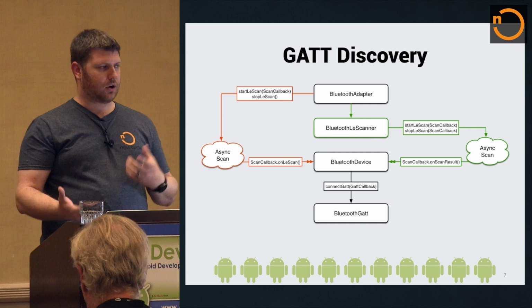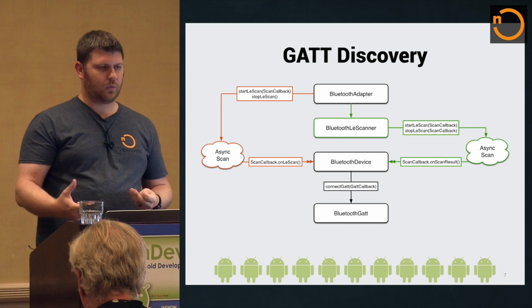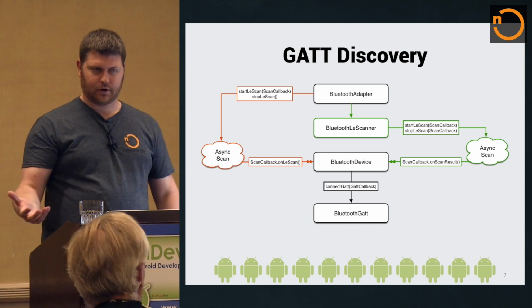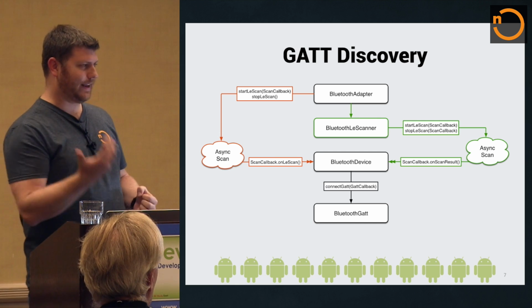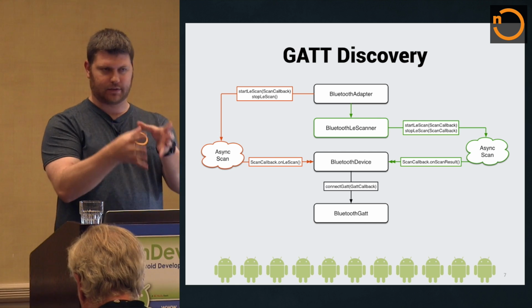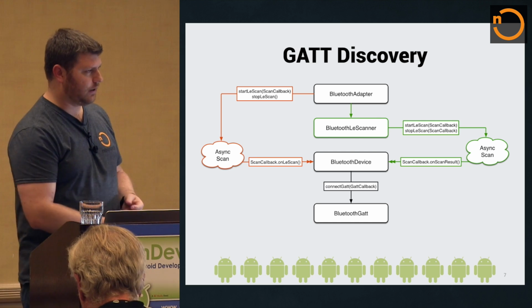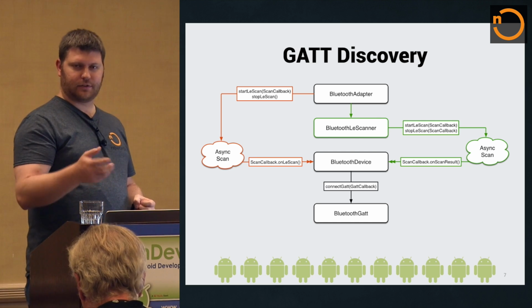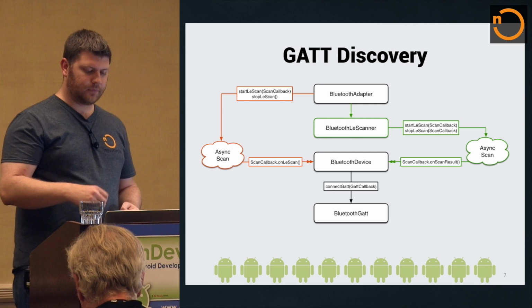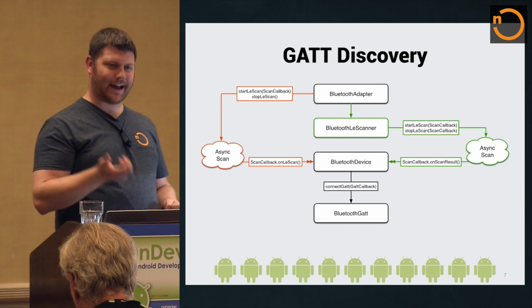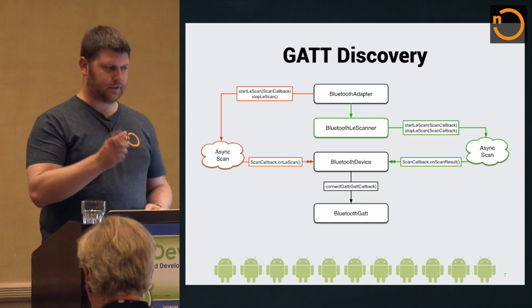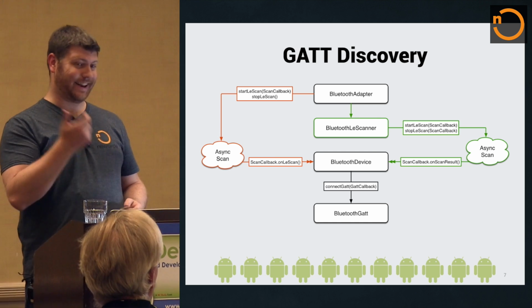But if we're talking about clients and peripherals here, then we need to move a little bit further down the line. So once we find a device that we want to connect to, this is looking from the client side or the central side. Once that scanning device has found the remote it's interested in, it will take that Bluetooth device and call the connectGatt method on it. Now there's a difference there because the Bluetooth device also has a connect method.